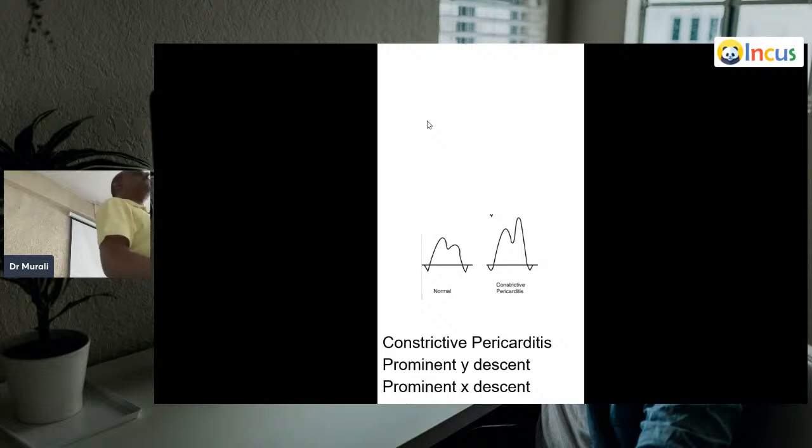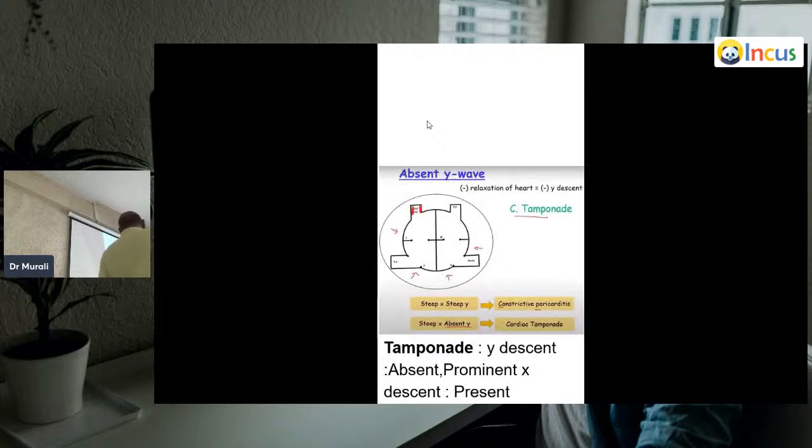Both are prominent. That means when these descents are happening, the starting point is at a high pressure point. That happens in constrictive pericarditis. Please remember, X descent prominent, Y descent prominent, you see constrictive pericarditis. Whereas X descent is prominent, but Y descent is absent.